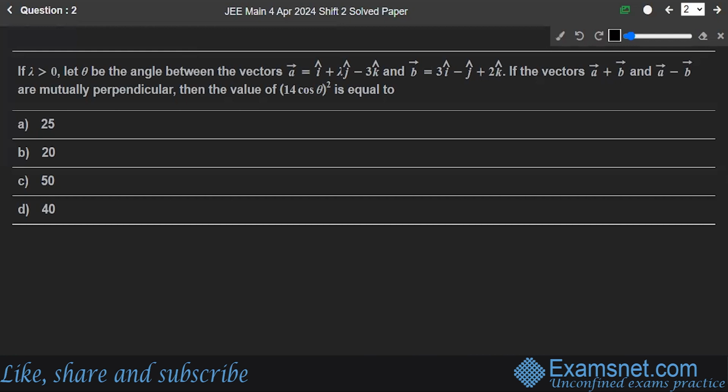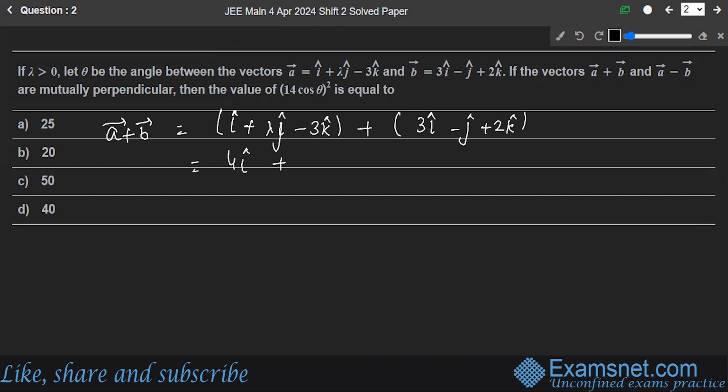So let's say a vector plus b vector will give me i plus lambda j minus 3k, plus 3i, j and 2k, which will be equal to 4i, (lambda minus 1)j and minus k.